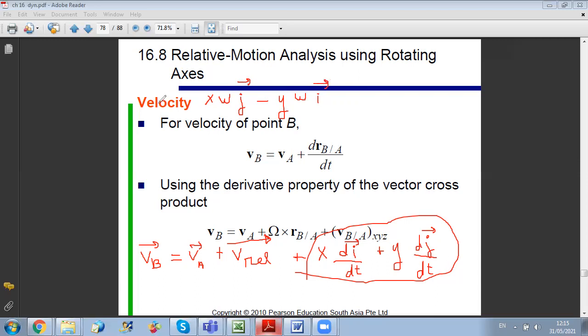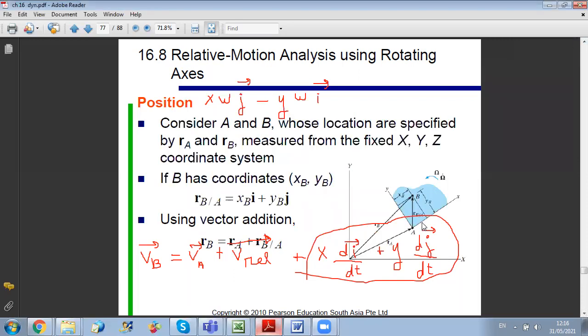Now, if you look at this expression, what are x and y? x and y are the coordinates of vector AB. Because look, in this figure, what are small x and small y? Small x and small y are the coordinates of point B in the rotating frame. They represent the coordinates of B relative to A. So we can say that small xI plus small yJ is the vector AB. If you look at this expression, it reminds you of the result of a vectorial product.